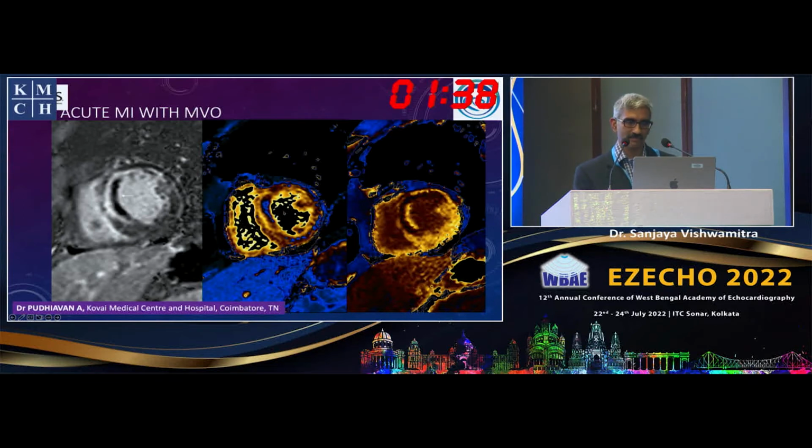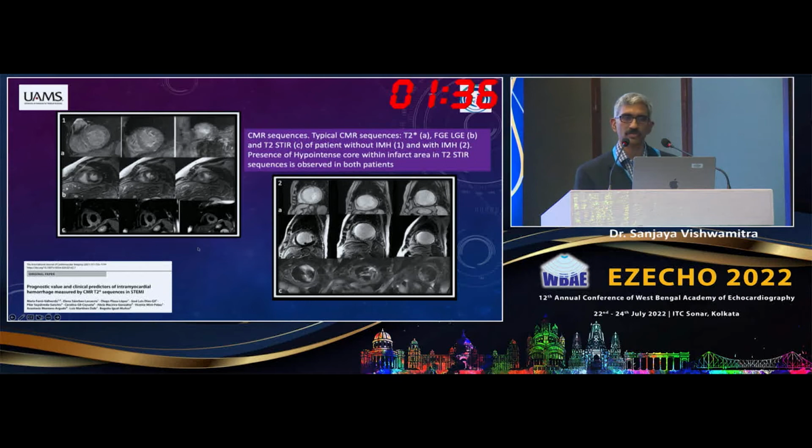There's a very nice article which the Indian Association of Cardiac Imaging just reviewed recently in our journal club, which showed the presence of hemorrhage within areas of microvascular obstruction that was previously seen, but the MVO disappears and leaves in its place a region of hemorrhage, which has a poorer prognosis.